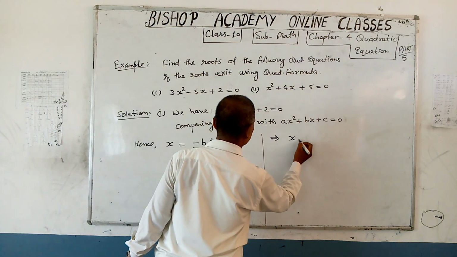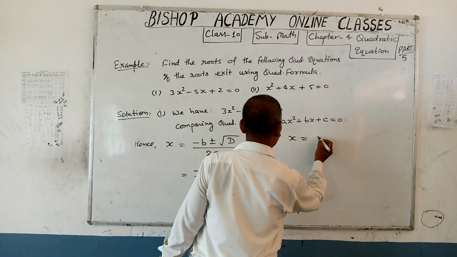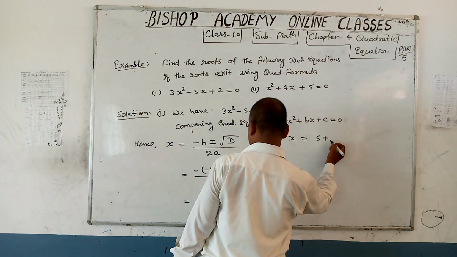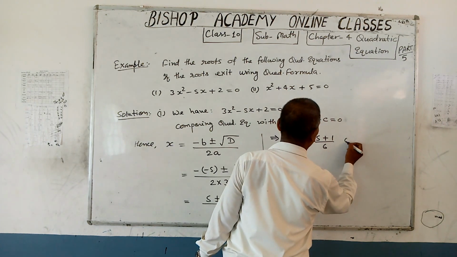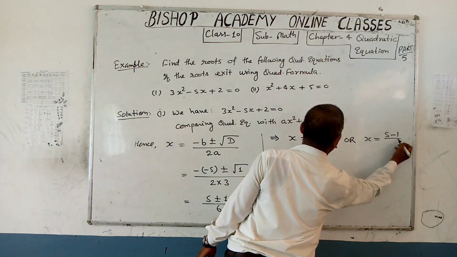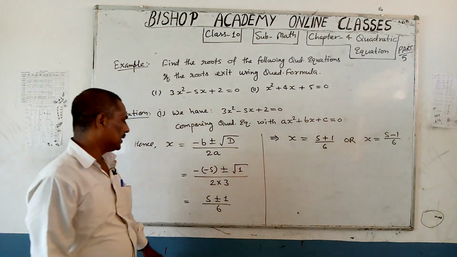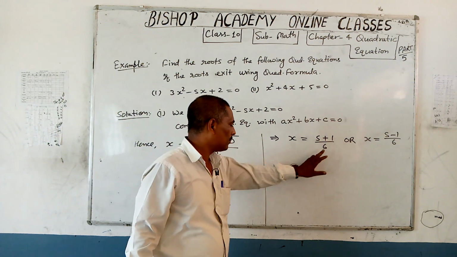You will write x is equal to 5 plus 1 upon 6, or x is equal to 5 minus 1 upon 6. In case of plus 1, x is equal to 5 plus 1 upon 6.